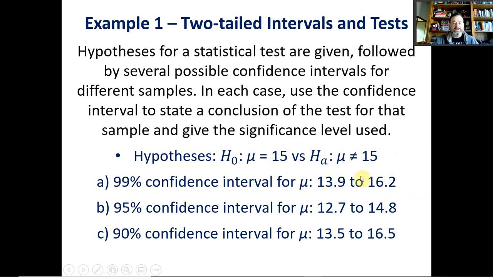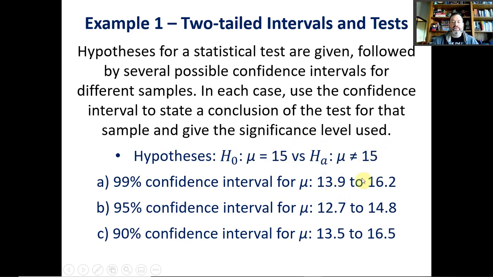So, a two-tailed test and then confidence intervals. Notice the confidence level is important because we have to state the significance level, right? So this tells us whether the null parameter, that's 15, is in the interval. And we just use the rule on the previous slide.